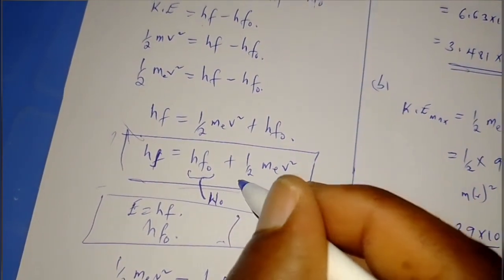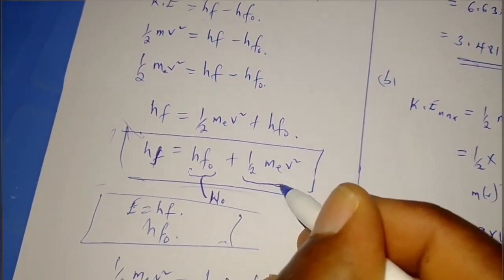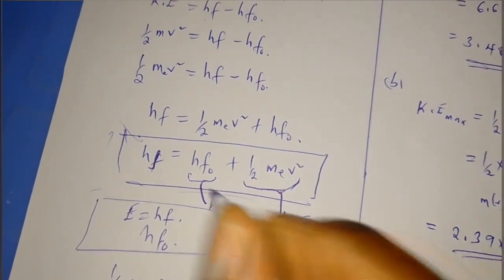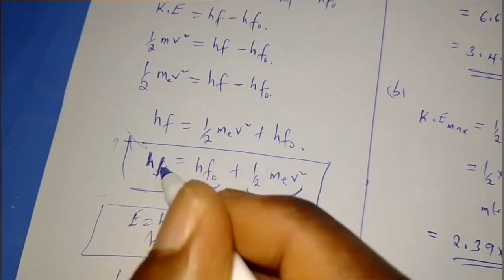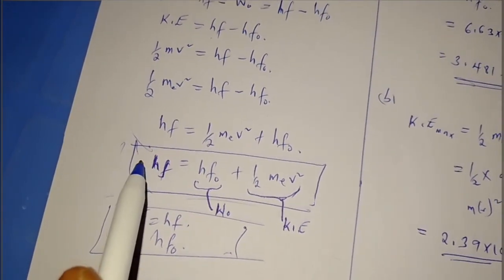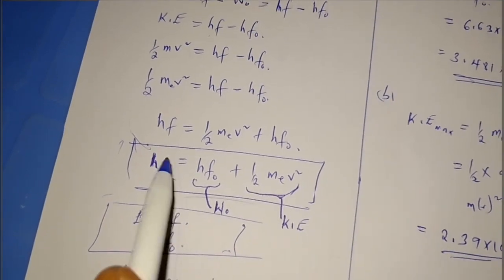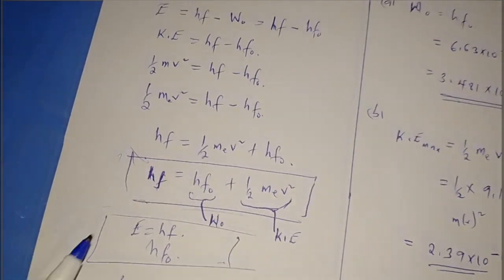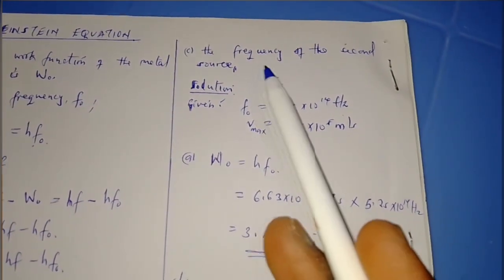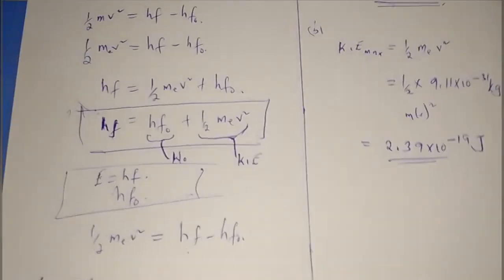The whole of this term gives us the kinetic energy, and this gives us just energy. So here H is for Planck's constant, and this F is what the question is asking us to determine, the frequency of the second source.